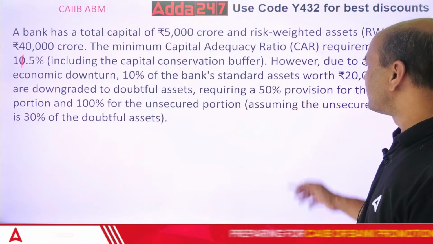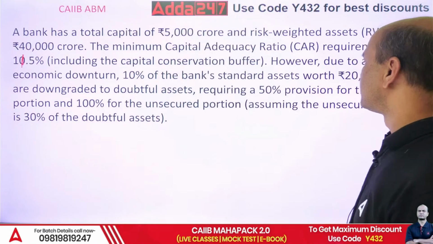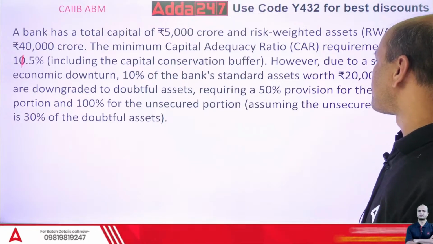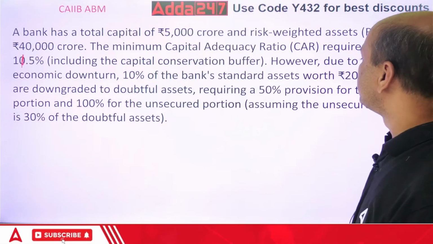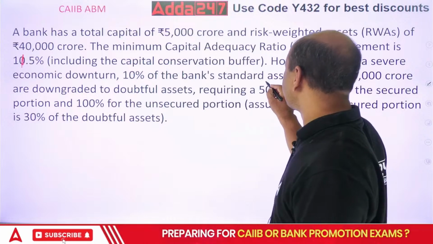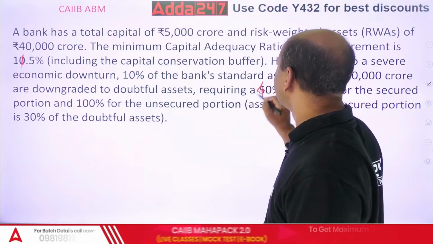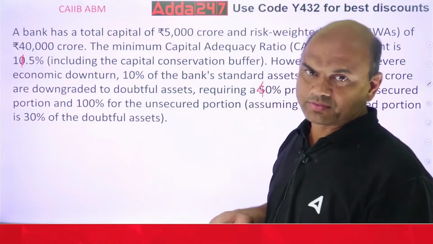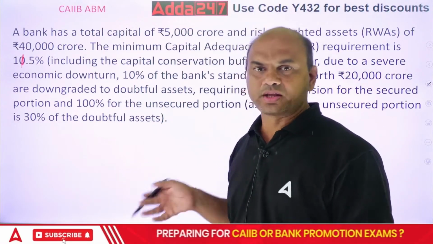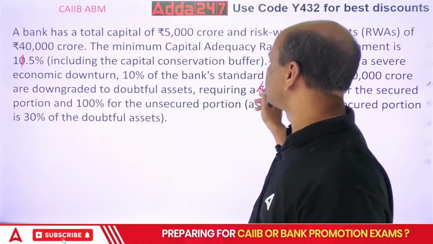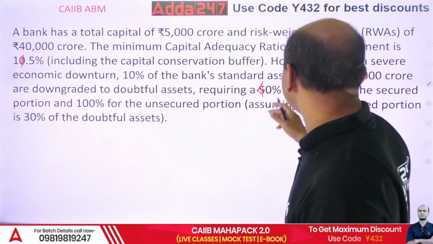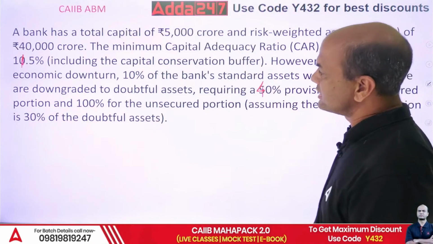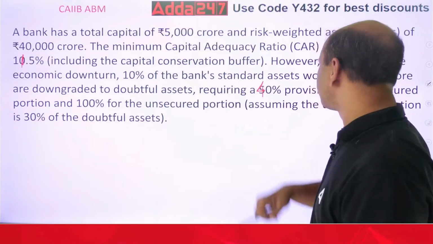So what we'll do, as per our norms, we'll change it. We'll make this 40%, because we have the provision of 25 and 40. Doubtful 1 is 25 and doubtful 2 is 40. So let's consider it 40%, requiring 40% for the secured portion and 100% for the unsecured portion.